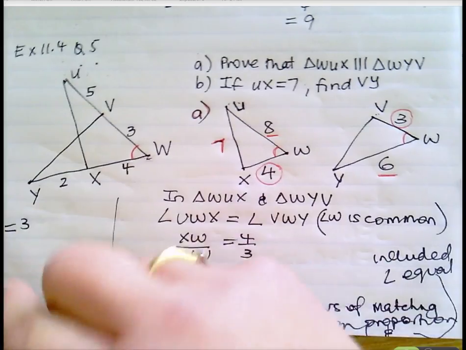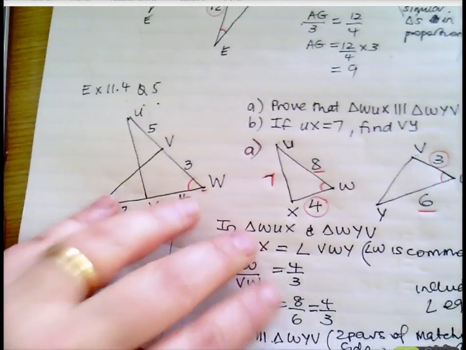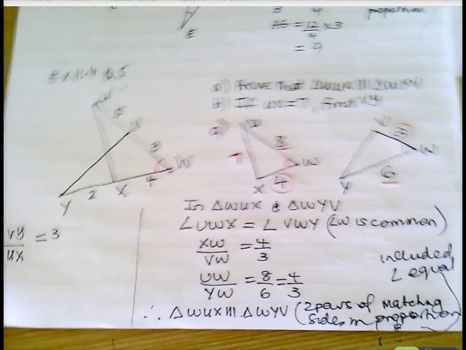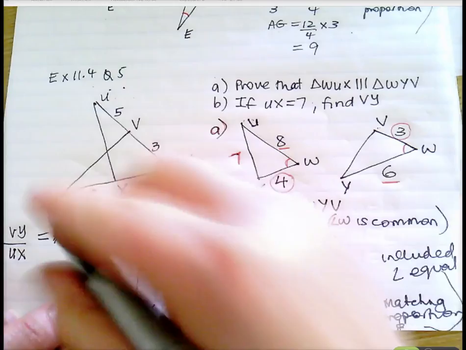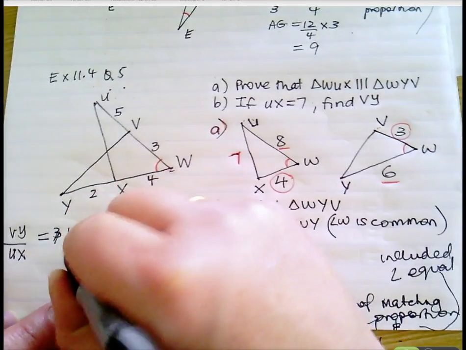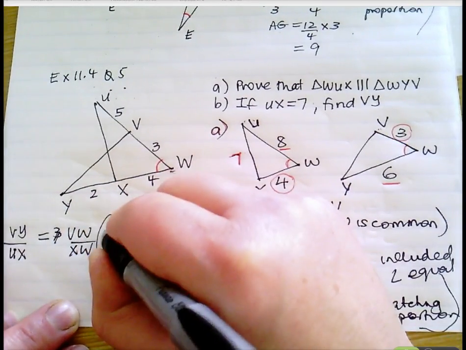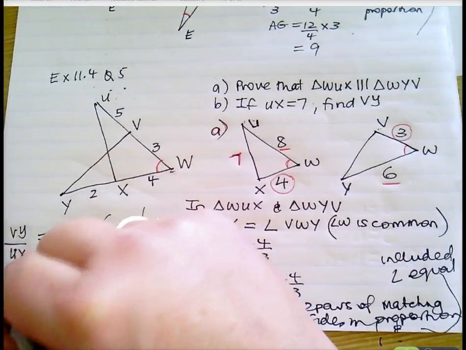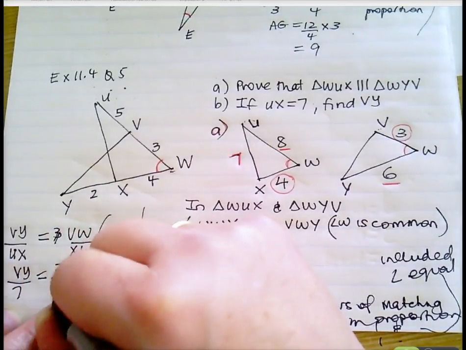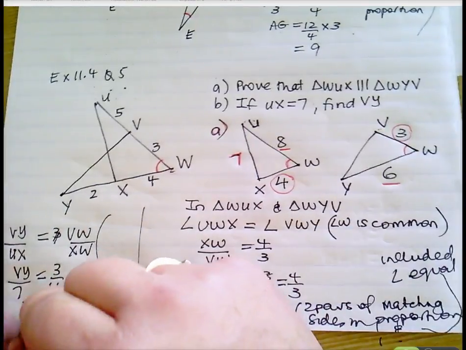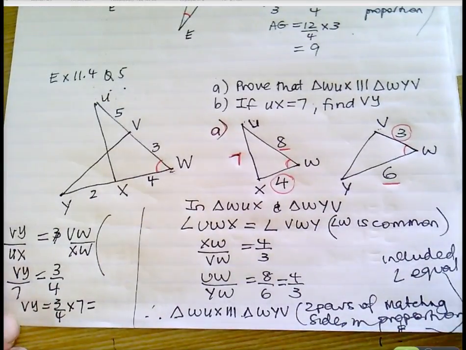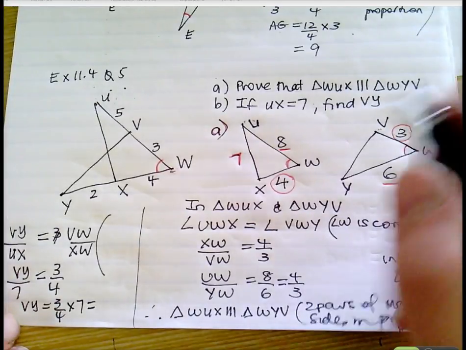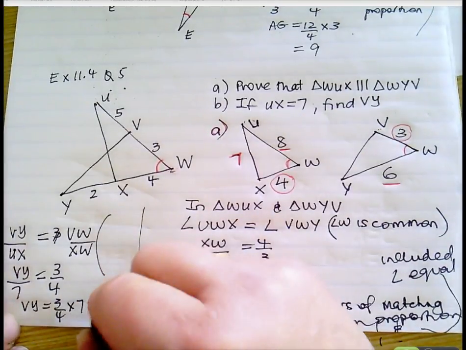All right. Sorry, girls. Just have that door closed, please. So we've got that over that equals VW over XW. Reason. I'll just put them in. That over 7 equals 3 over 4. I'll write the reason in a sec. And then times it by 7. And 3/4 of 7 is 21 over 4, which is 5 1/4, I think.